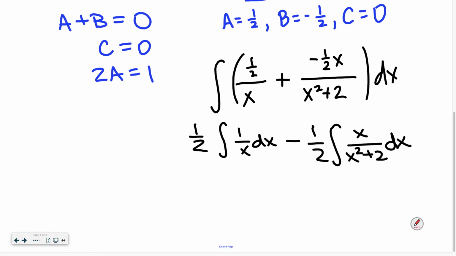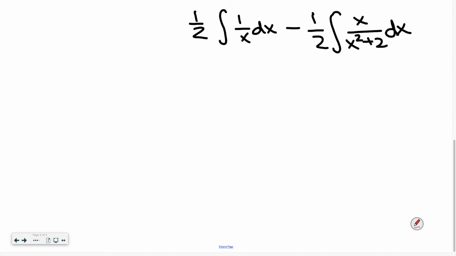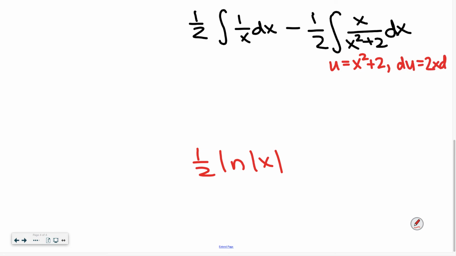You need to make the x squared plus 2 equal to 0. Okay. So this one is really straightforward, as straightforward as they get, right? We have 1/2 natural log of the absolute value of x. But over here, what are we going to have to use? We're going to have to use u substitution, where u equals x squared plus 2, and du equals 2x dx.